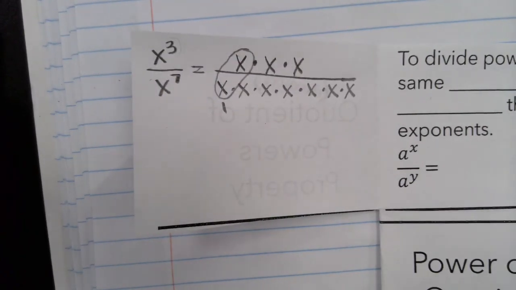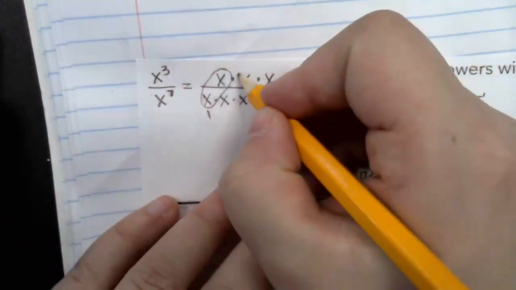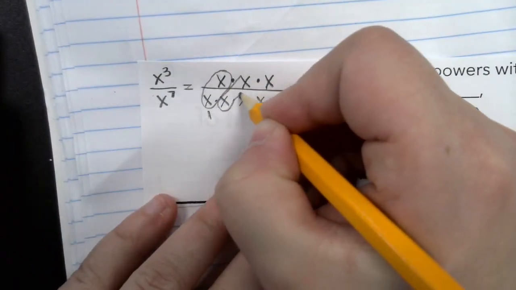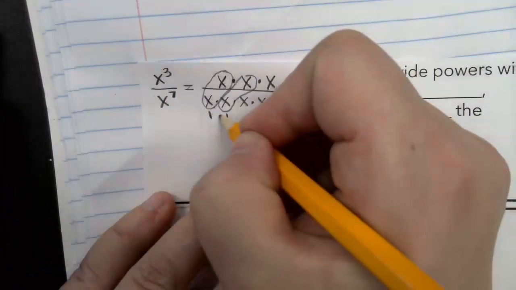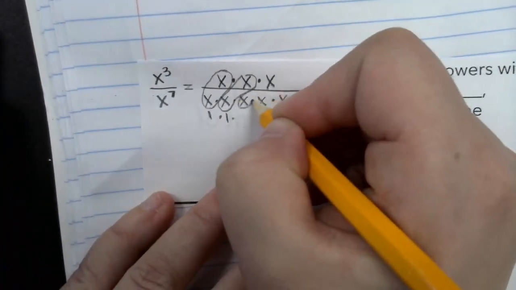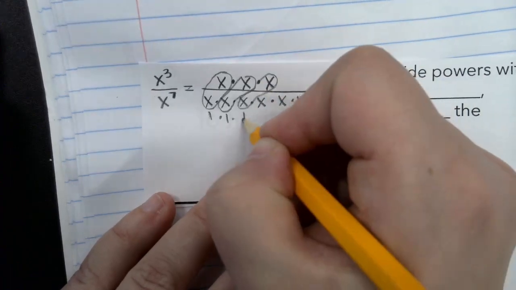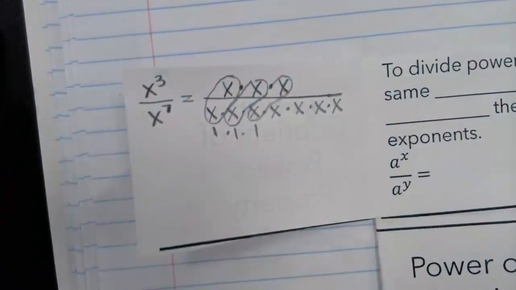X divided by x, 1. Okay, so I have an x over x here. X divided by x would equal 1. And another x divided by x, 1. Now there's no more x's in the numerator that I can make into 1s, so I have my leftovers.